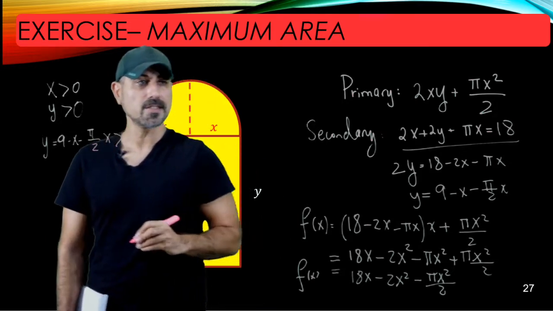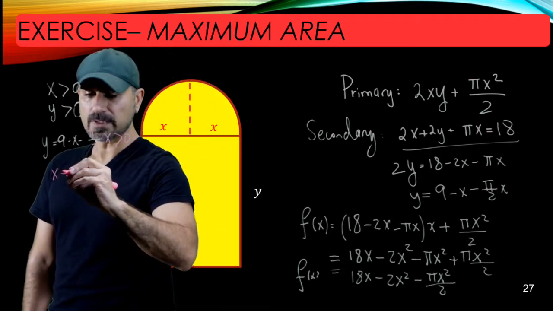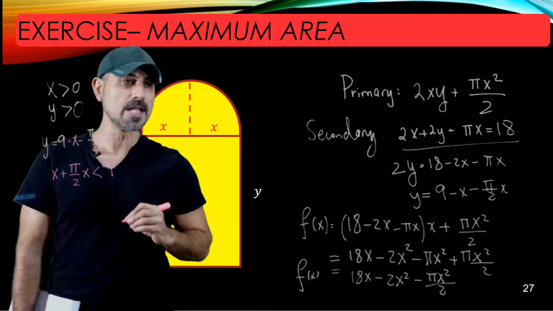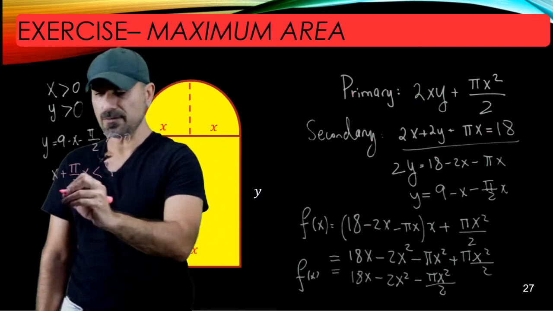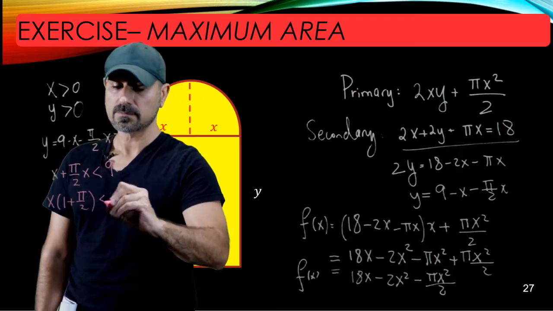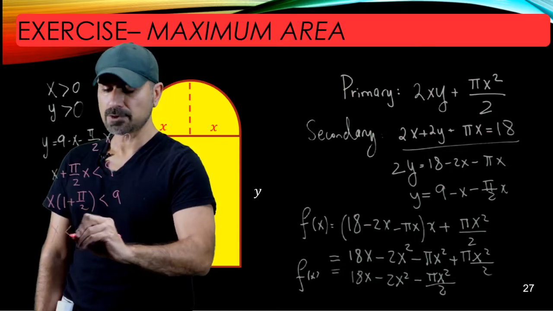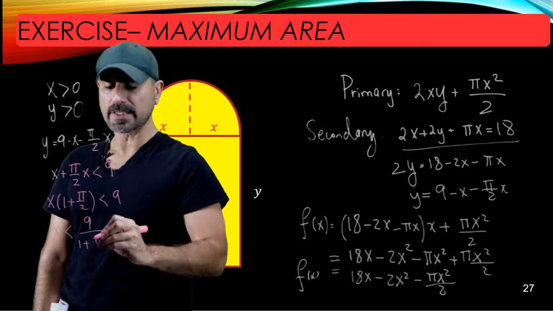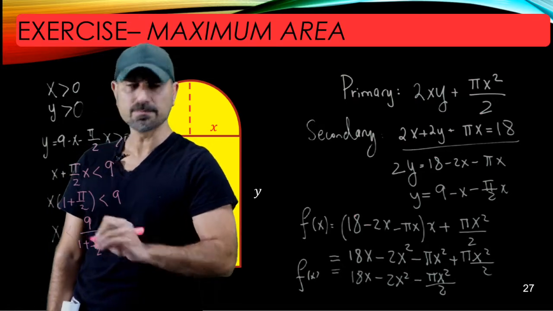What that means is x plus pi over 2 x should be less than 9, and if you pull out x, x should be smaller than 9 over 1 plus pi over 2.